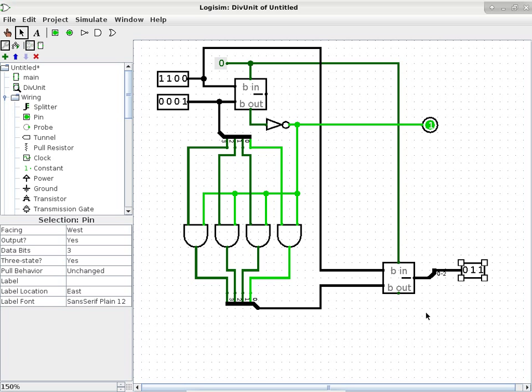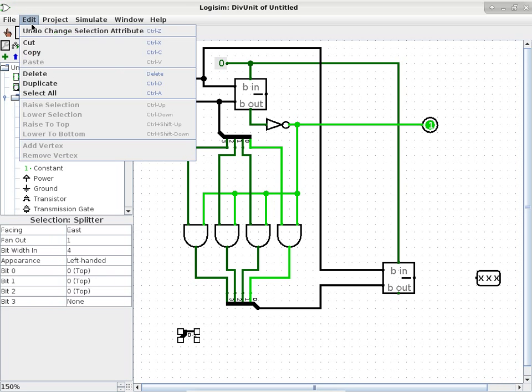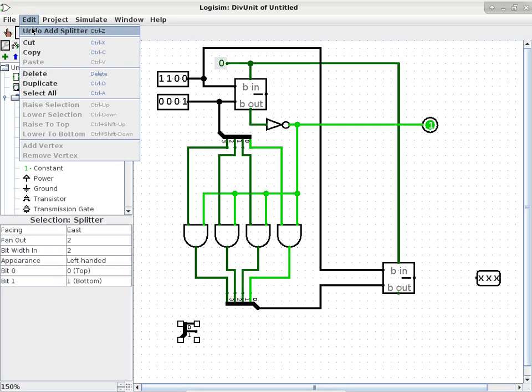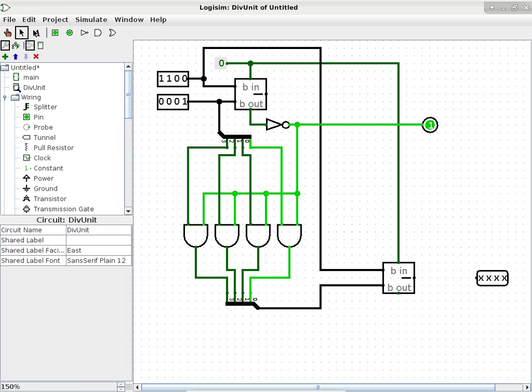Okay, let's revert all of these changes first. So undo, undo, undo, undo, undo. Okay.